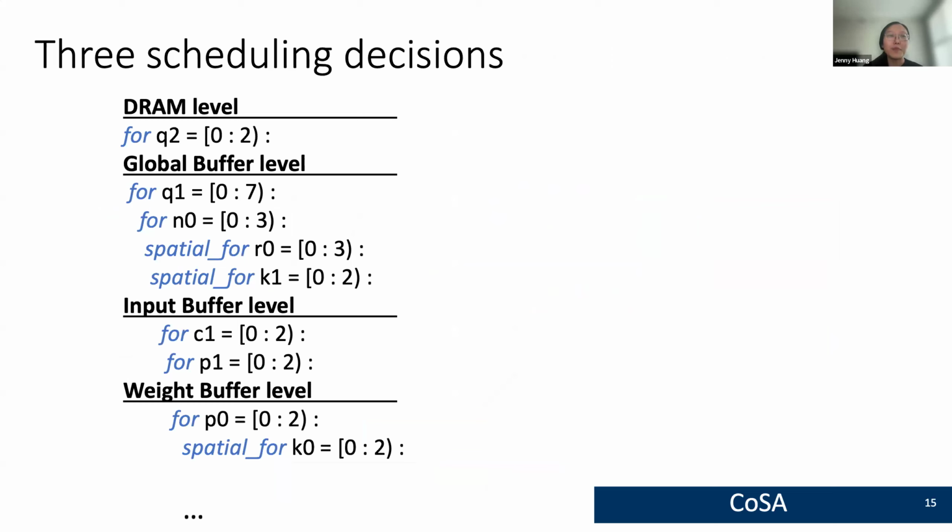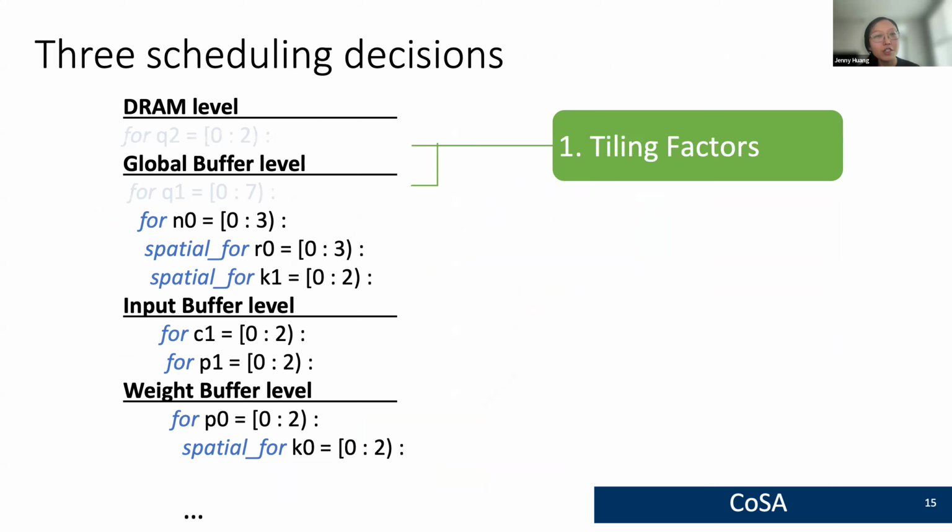The expected output of the schedule is a decision on how we lower the workload and organize it in for loops. There are 3 key decisions to be made. The first one is the tiling factor, which is the loop bound of each tiled loop, and can affect the buffer utilization and the overall traffic to different levels of the memory hierarchy.